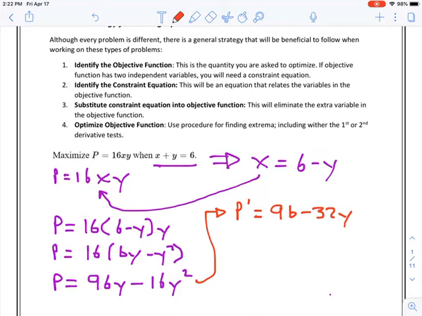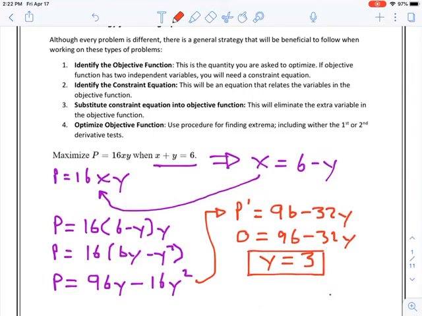And we then set the derivative equal to 0: 96 minus 32y equals 0. And so we're going to end up with 32y equals 96, or y is equal to 3. And so now we know what our y value is. That is the y value that will maximize this problem.